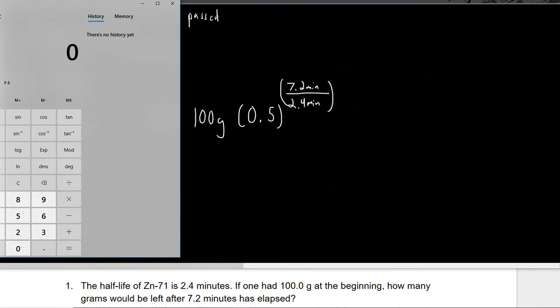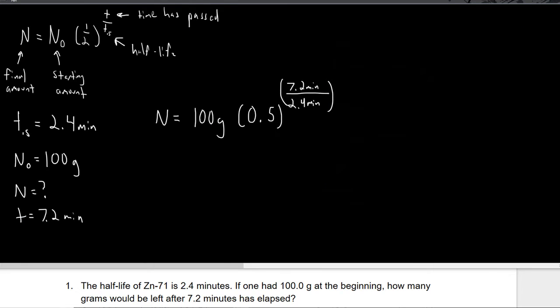All right, so let's get out a calculator. So I've got 100 times 0.5 raised to the parentheses 7.2 divided by 2.4, close parentheses, that's 3 half-lives right there, equals 12.5. So I'm going to end up with 12.5 grams of the zinc 71.